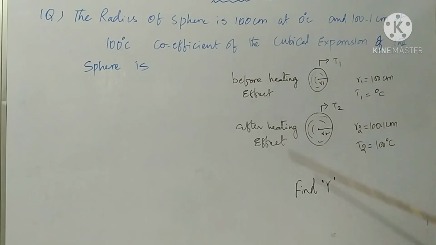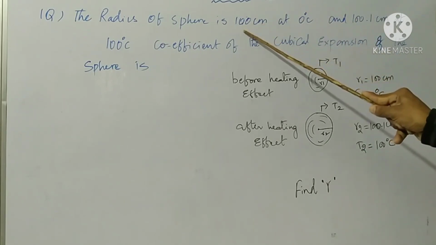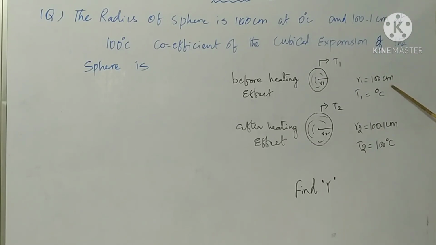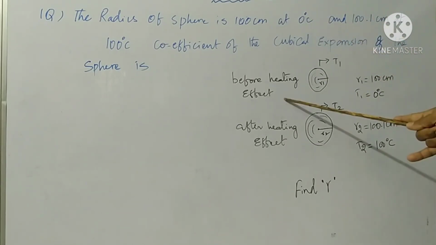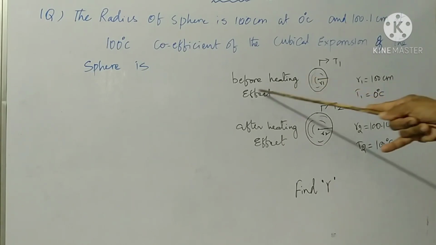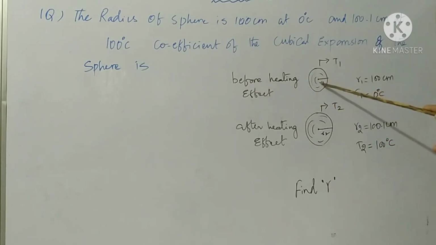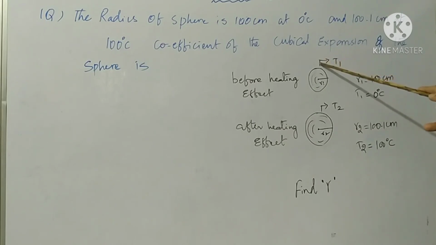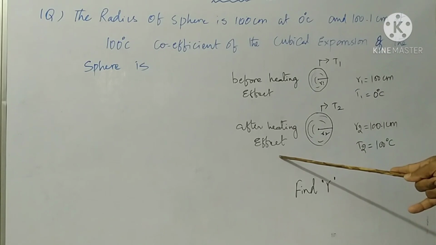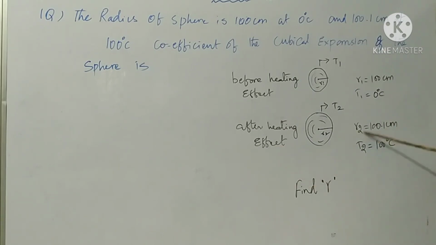Here we have to find the coefficient of cubical expansion, gamma, the value is a question mark. At the starting stage of the sphere, the radius R1 is 100 centimeters at a temperature of 0 degrees centigrade. These dimensions are for the sphere before the heating effect. After the heating effect, the radius is 100.1 centimeters and the temperature is 100 degrees centigrade.